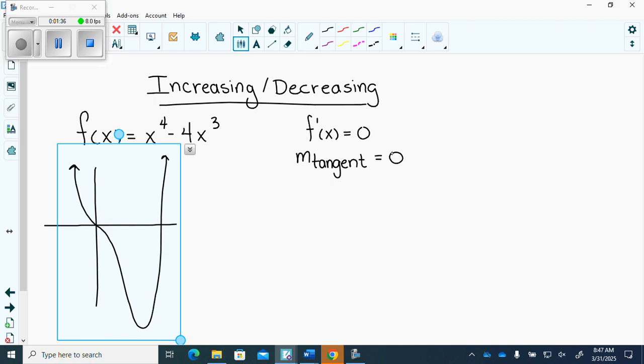So m tangent equals 0 is where the horizontal tangents occur. And horizontal tangents occur at maxes and mins and points of inflection. So maximum, minimum, points of inflection.